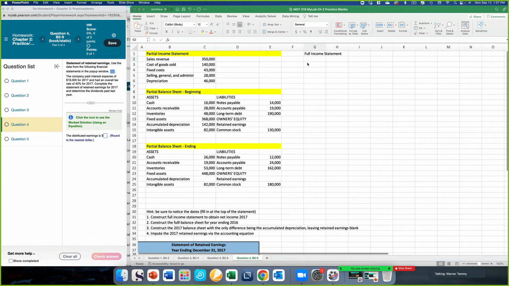All right, so here comes our income statement. So what I'm going to do is do the column heading first, and then fill in the numbers after, because it's easier for me.